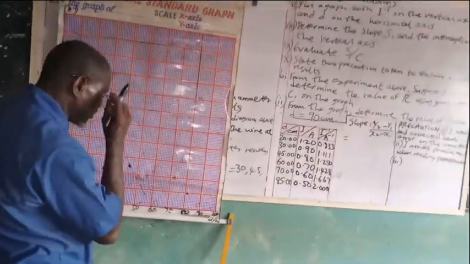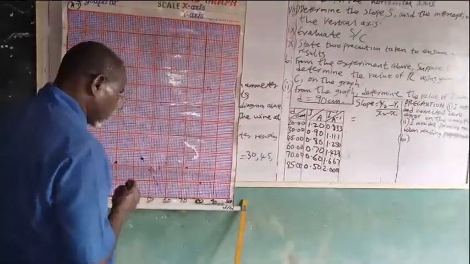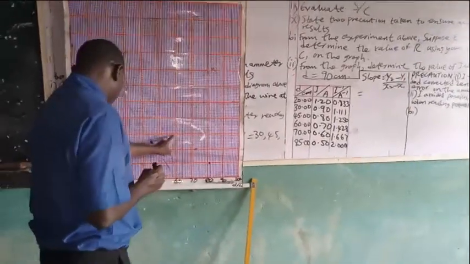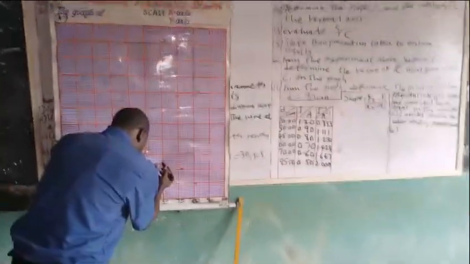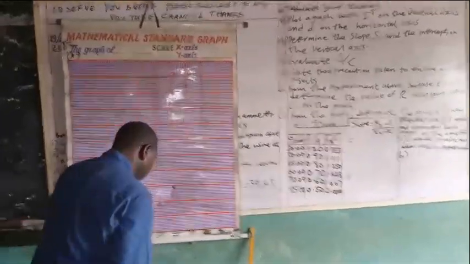When D is equal to 60, I inverse is 1.43. 1.43 will be here.